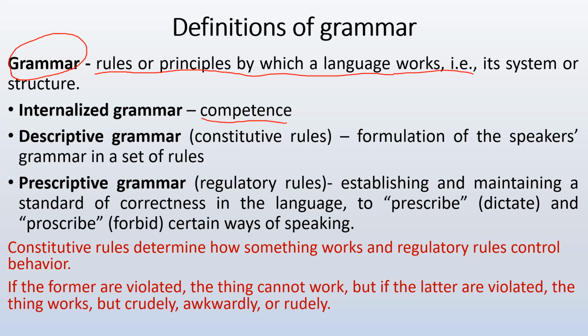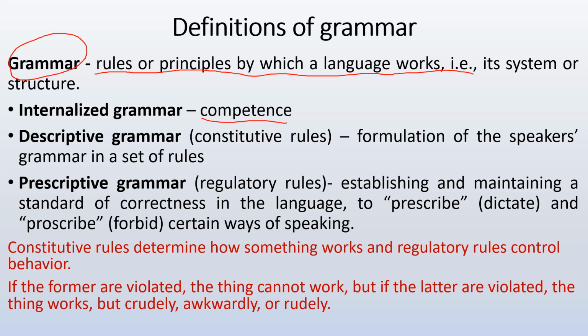That means what the person has taken into his mind regarding the language. That means the grammatical knowledge, the data, the facts that have been internalized in the mind of a speaker of a language. This is internalized grammar. In one word, we have competence.